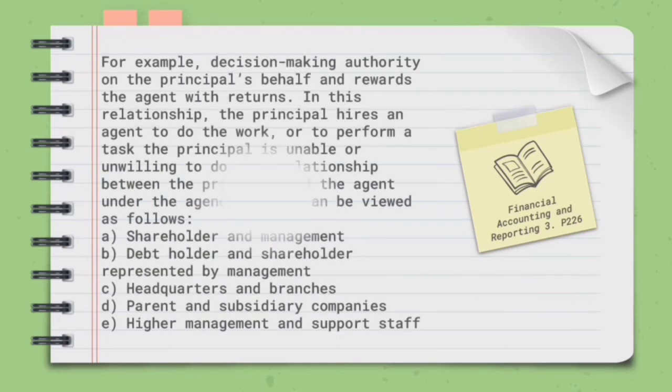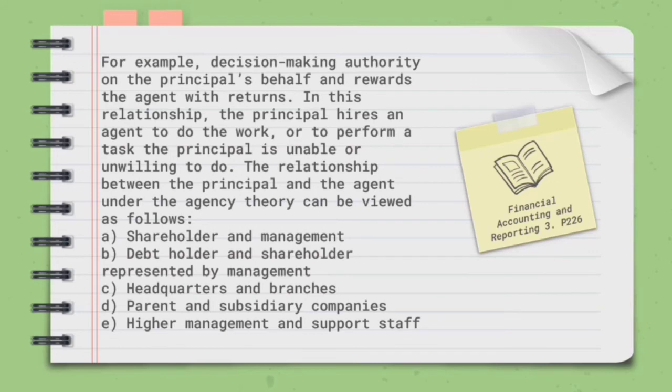For example, decision-making authority on the principal's behalf and rewards the agent with returns. In this relationship, the principal hires an agent to do the work or to perform a task the principal is unable or unwilling to do.